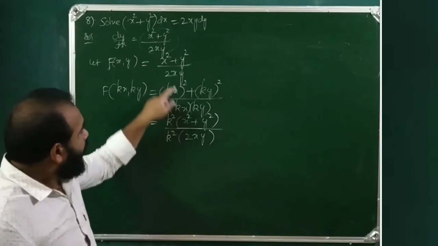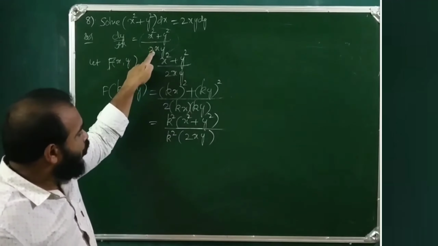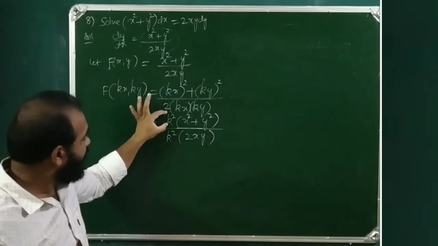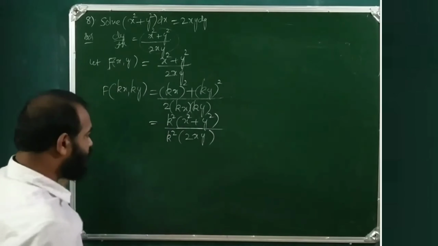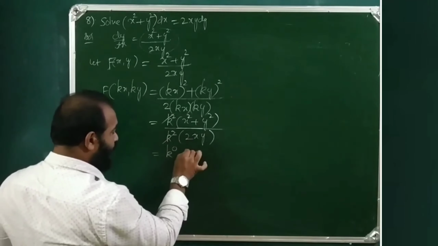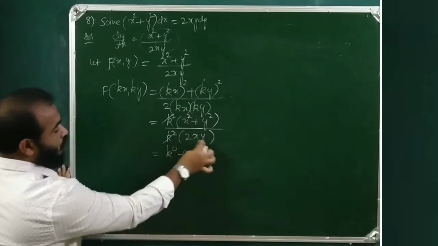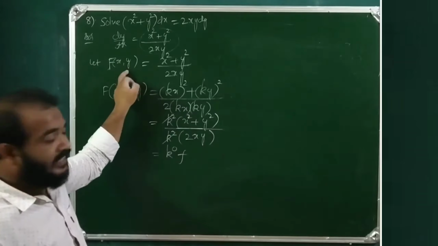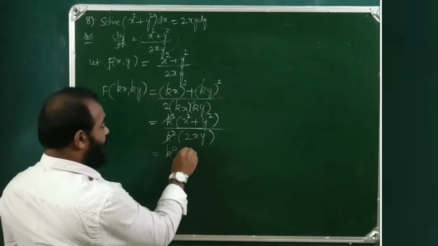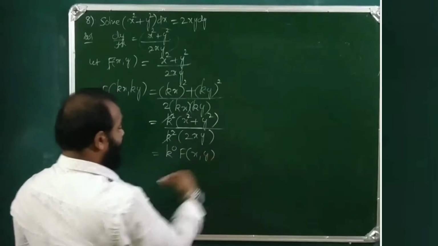So yes, both the numerator and the denominator have got the same degree. K power 0 and k power 0, same. So this can further be written as k power 0 into the same x square plus y square by 2xy. So the same function again we have got ultimately. So this is f of x, y.